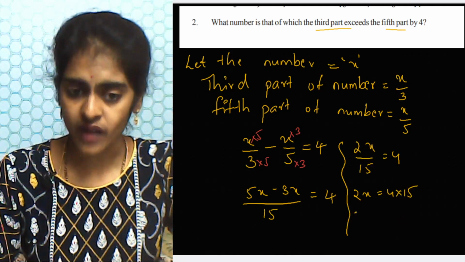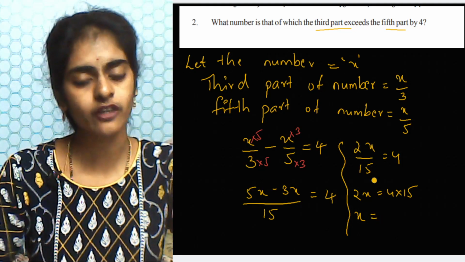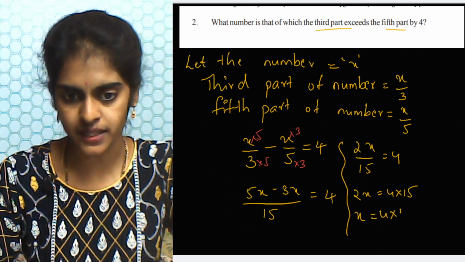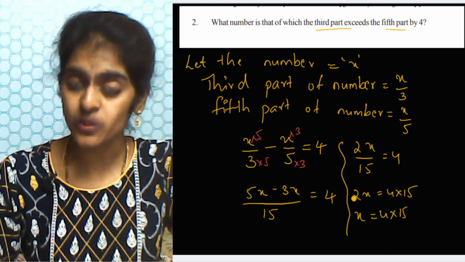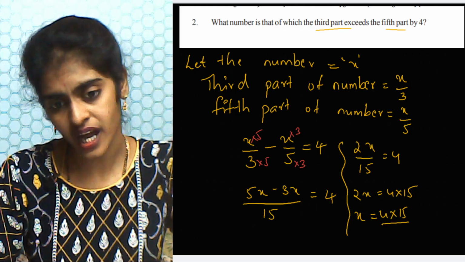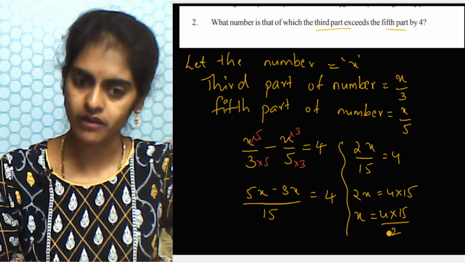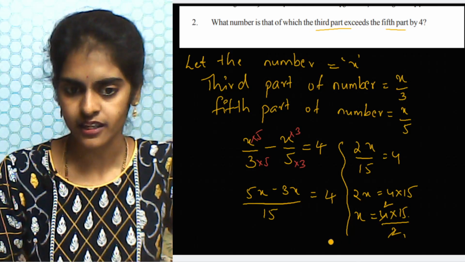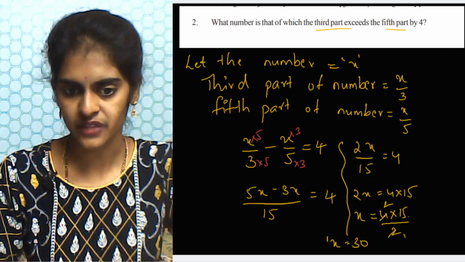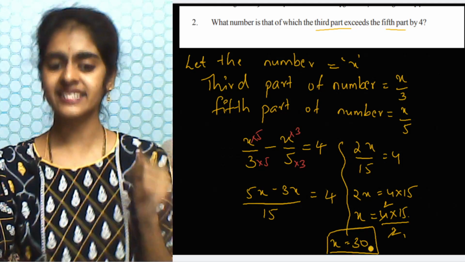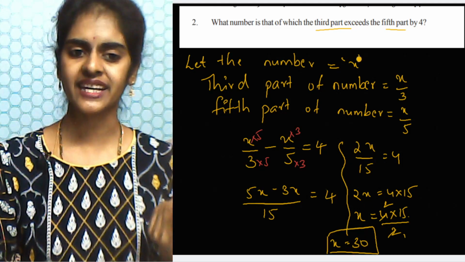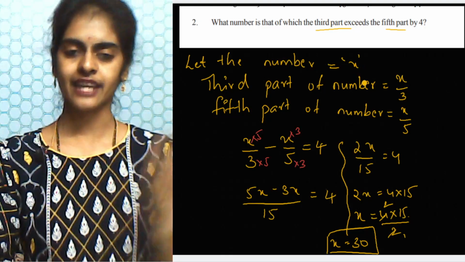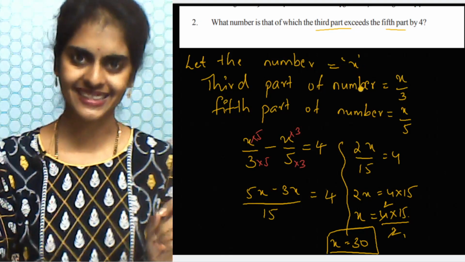Now how will I get the value of x? x is nothing but 4 multiplied by 15. Now this 2 is in multiplication. Transposing it to the RHS, it becomes division. 2 ones are 2, 2 twos are 4, 2 fifteens are 30. Okay, 2 fifteens are 30. So x is 30. Now what is x? You have taken x as a number, therefore the required number is 30.